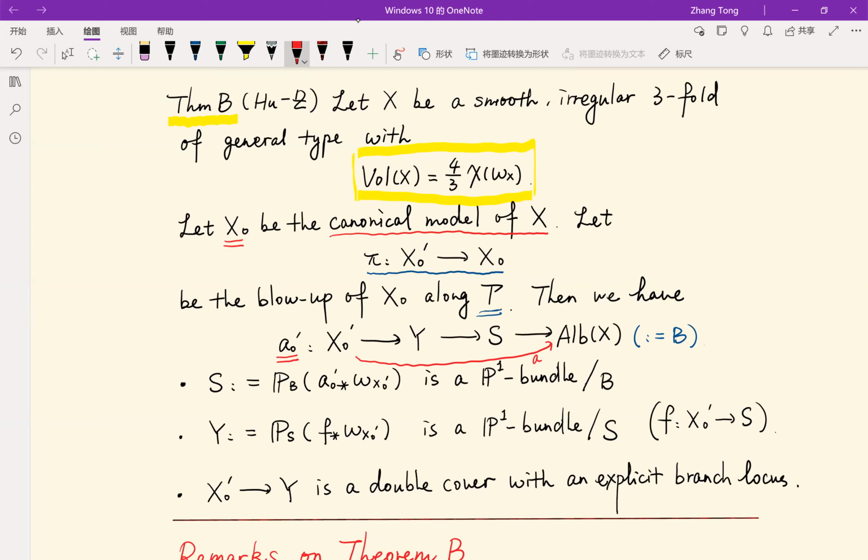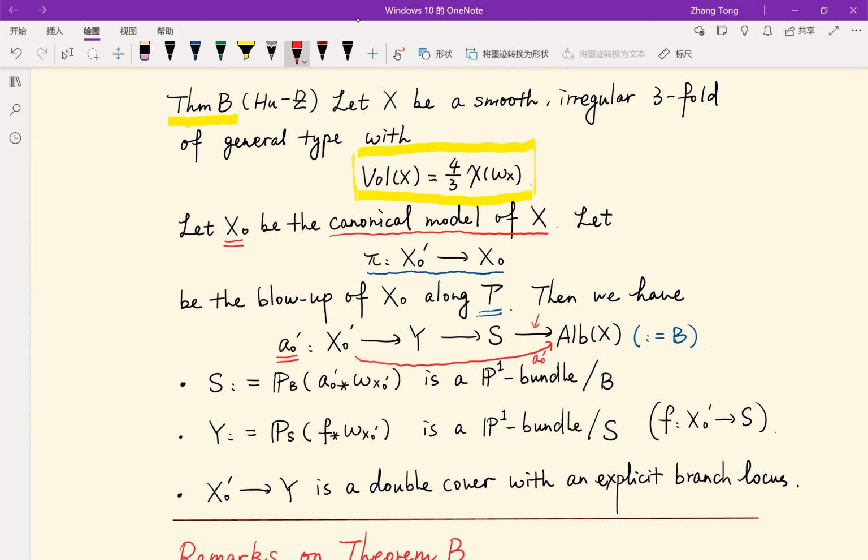The theorem tells us that this whole Albanese map can be decomposed into three morphisms. The first is a map from a surface S to the Albanese image, which is a genus 1 curve.